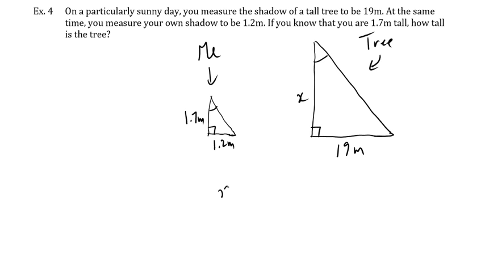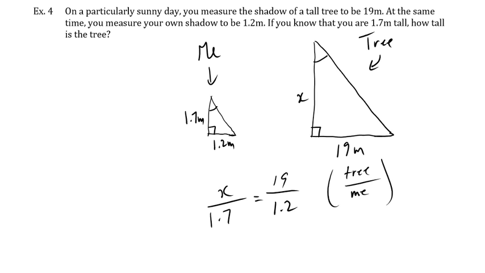The height of the tree is going to go with my height. And then the length of the shadow of the tree goes with my length of the shadow. And you do have to see that the tree is on top for both, and me is on the bottom for both.